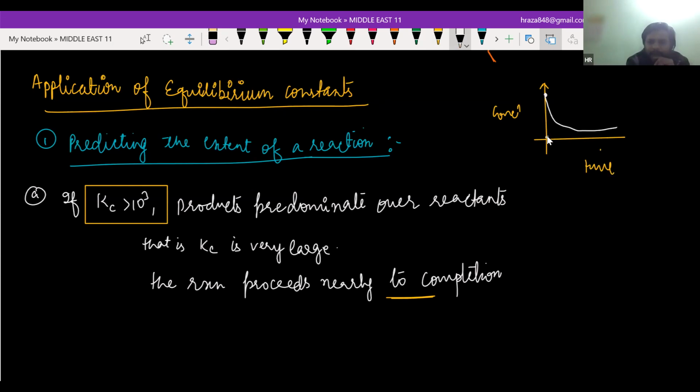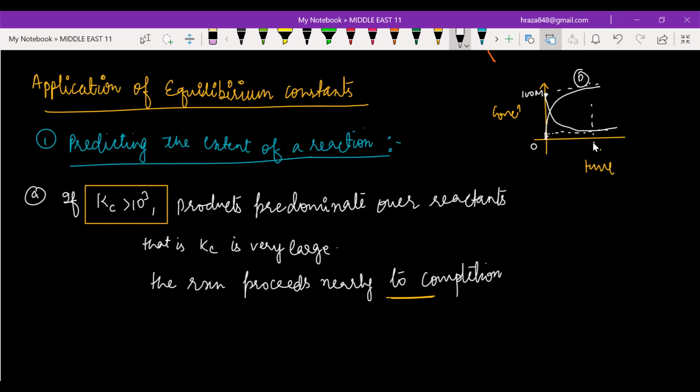This represents this situation, because initially it was, suppose, 100 molarity of reactant and 0 of product, and after some time the product is basically 100 molarity, or the reactant is very less, but it maintains equilibrium. Is that clear, sir? Since we are studying chemical equilibrium, it is in equilibrium. Okay, Saif? Yes, sir.